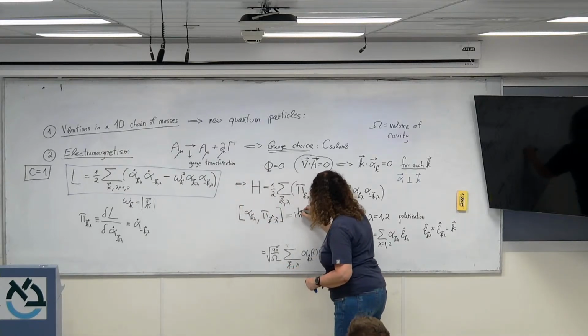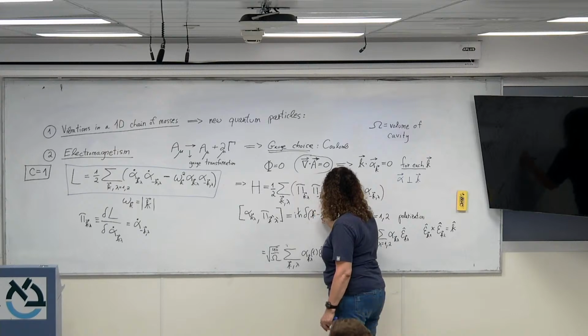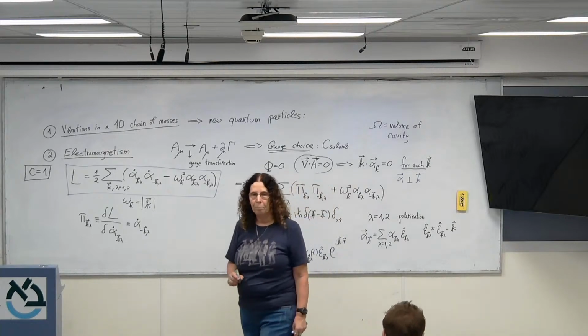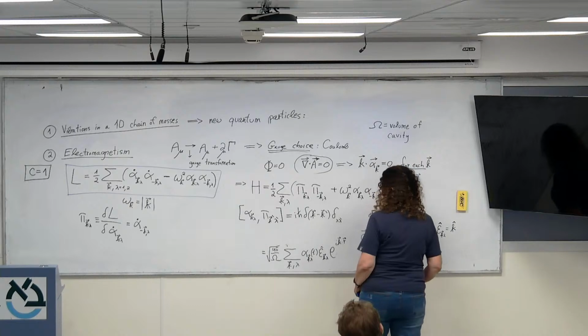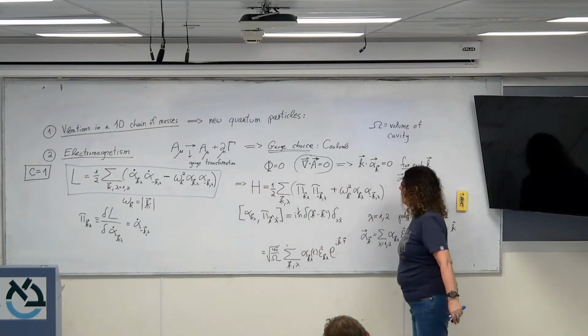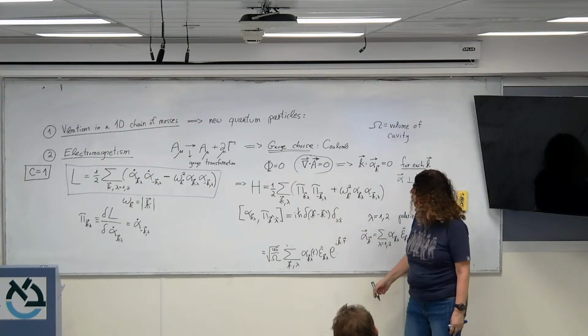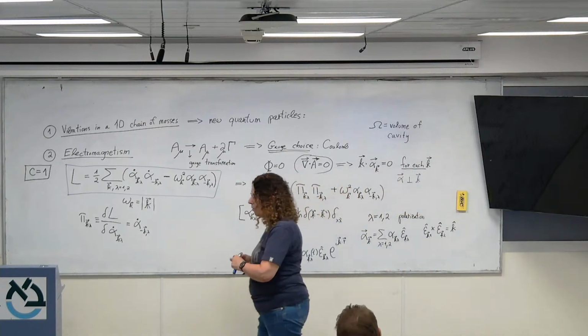I h bar times delta, and there are actually two deltas. One is of k and k prime, and the other is on the index lambda. So these are canonical commutators. So we have a quantum Hamiltonian, if we just replace these pi and alpha by their corresponding operators.